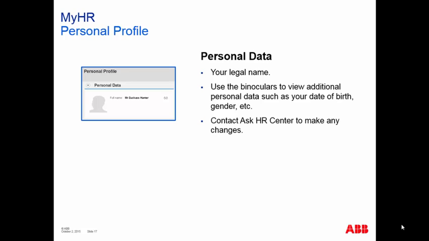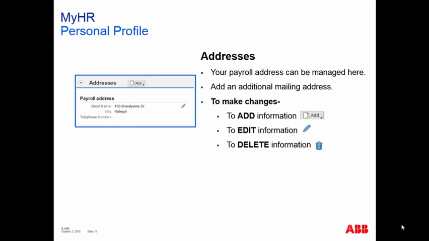Your legal name as it is displayed within the HR system is located here and can be viewed by clicking the arrow next to Personal Data. This information does not contain self-service options, so to make any changes to this information, you would need to contact the Ask HR Center by logging into or calling Ask HR, and I'll provide you with that information before the training concludes today.